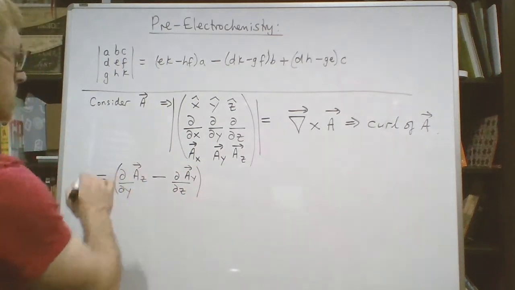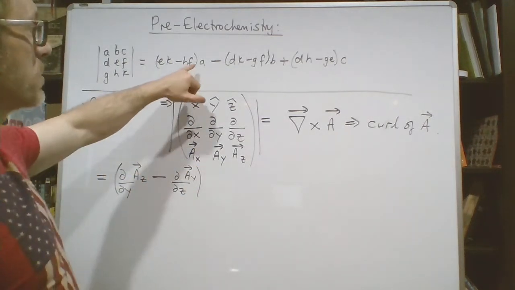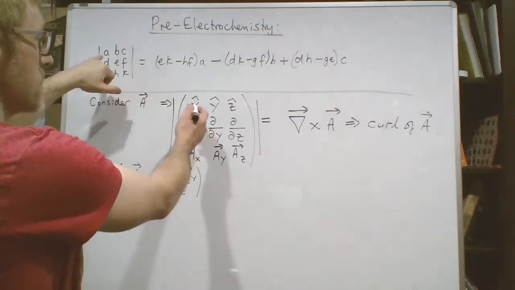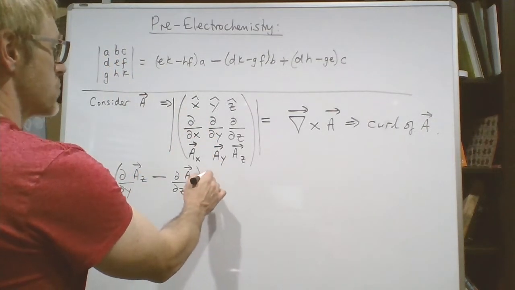Put that in parentheses, and then I've got to multiply that by A, so A in this case is X roof.